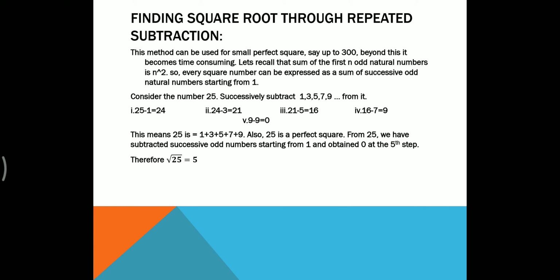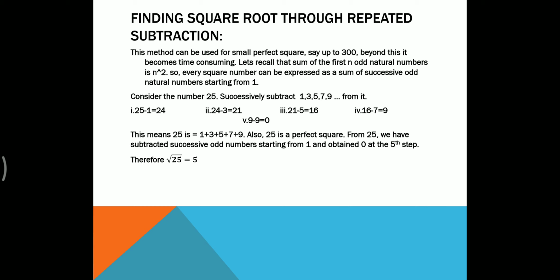In the same manner, vice versa, considering the number 25, by successively subtracting the numbers 1, 3, 5, 7 and 9 from it, we can have it like this.